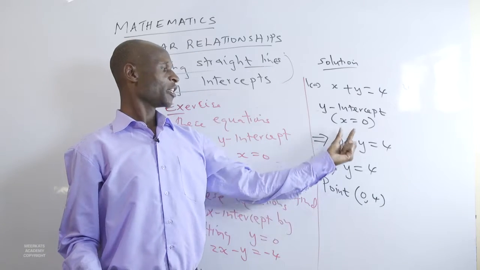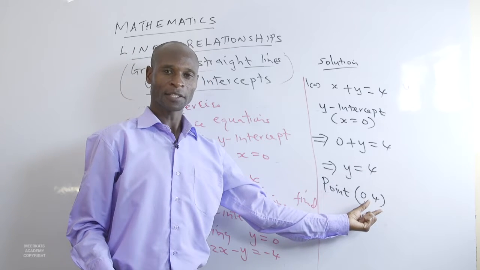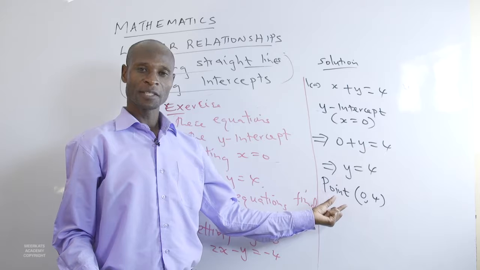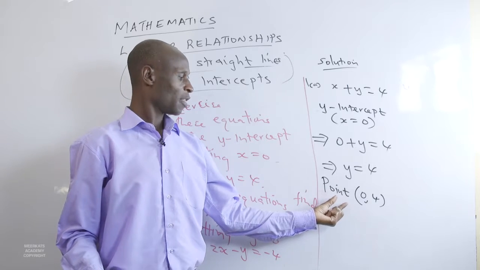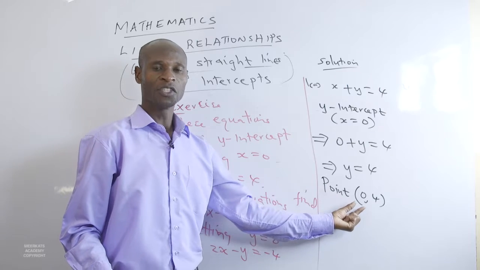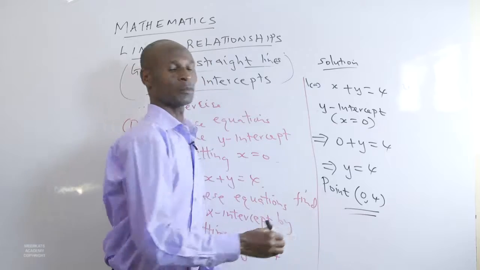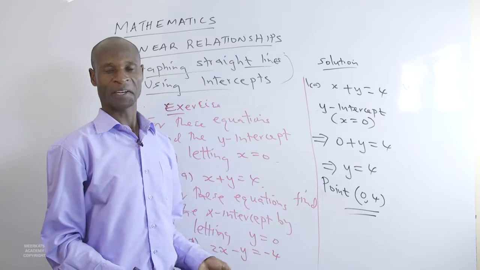Since our x-coordinate is 0, then our y-coordinate is 4, which we have calculated. It therefore means that the y-intercept will be (0, 4). And we have solved that part 1a.